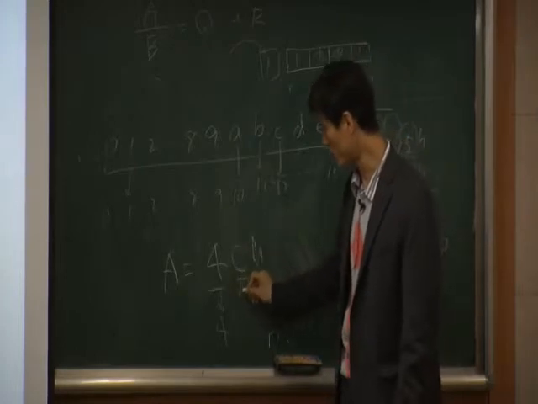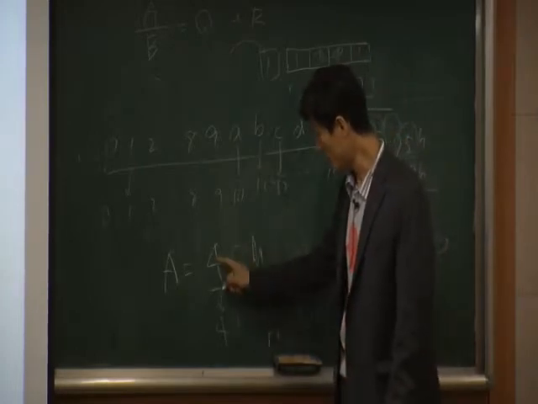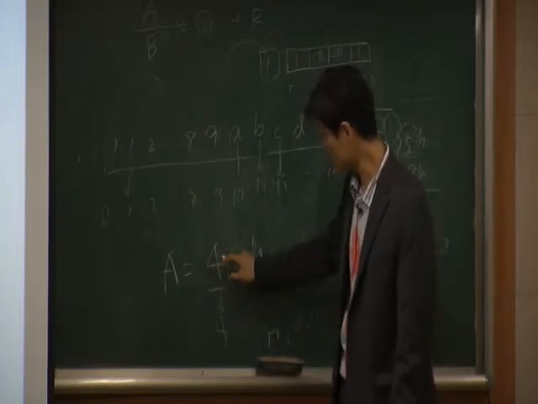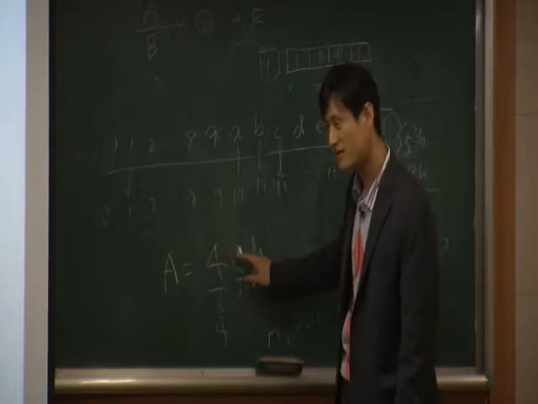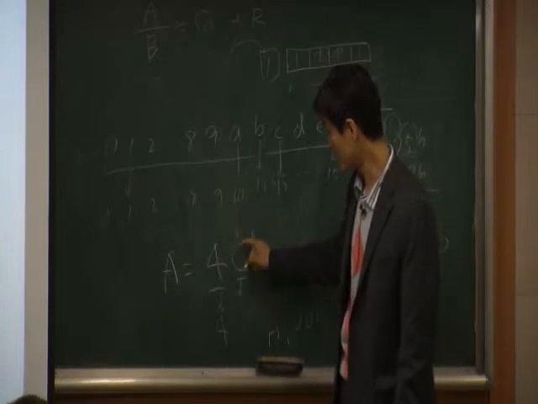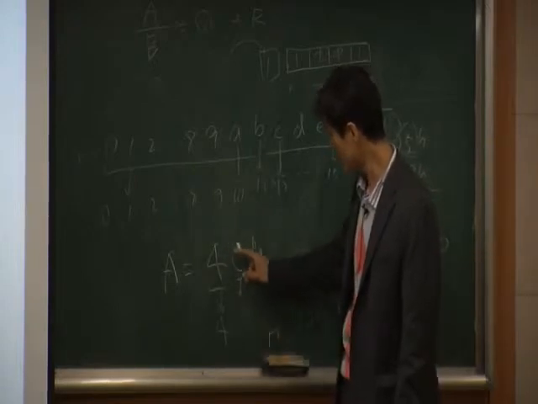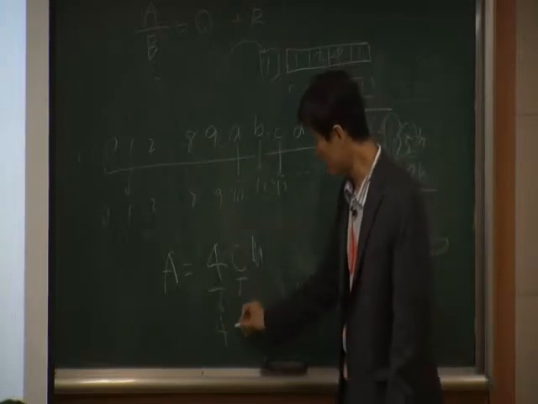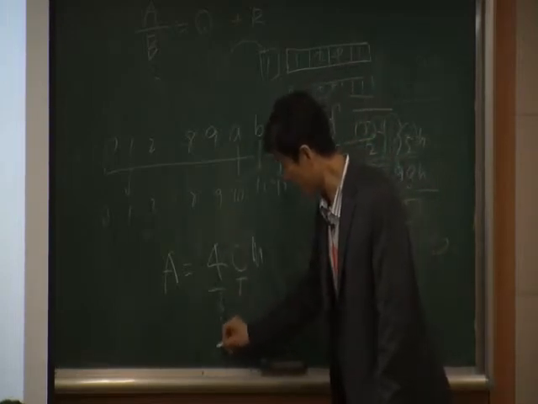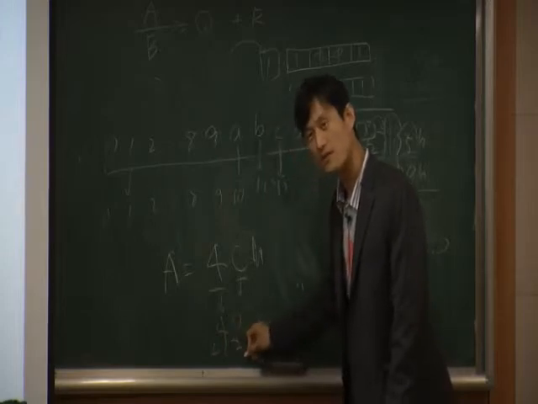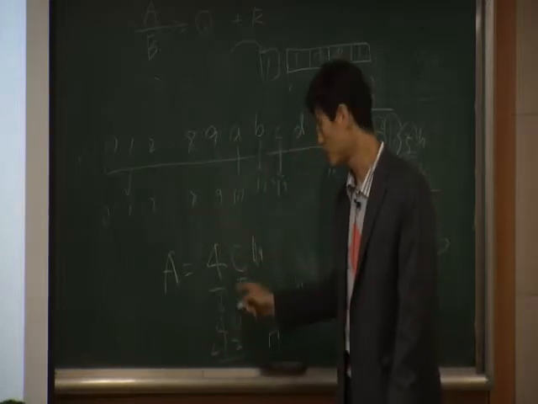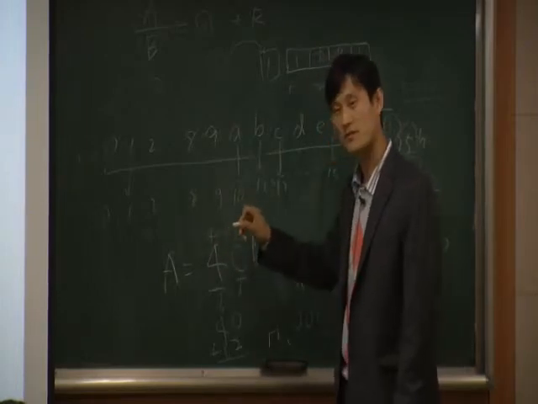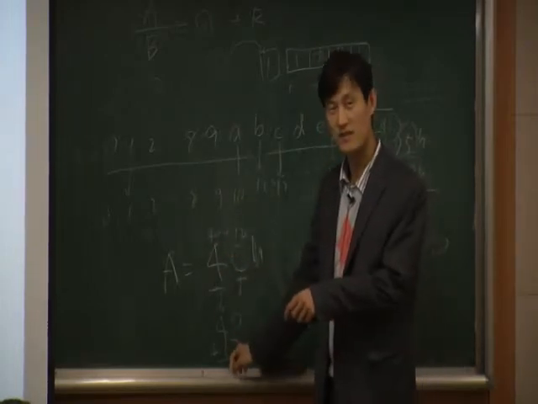But this 4 is not really 4, it's 40 basically, because this digit is the 1s place and this is the 10s place. So it's like you're adding 40 plus 12, and it becomes 52. That's BCD.